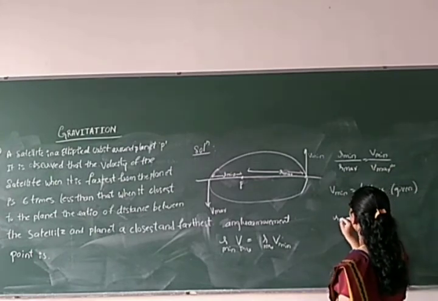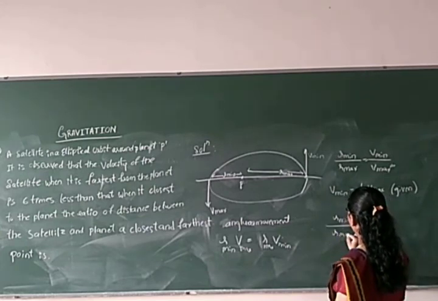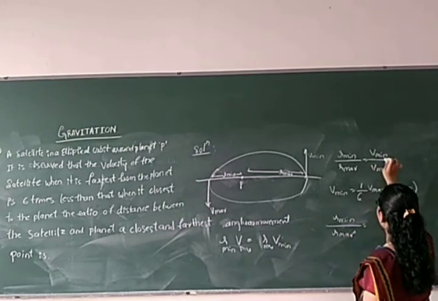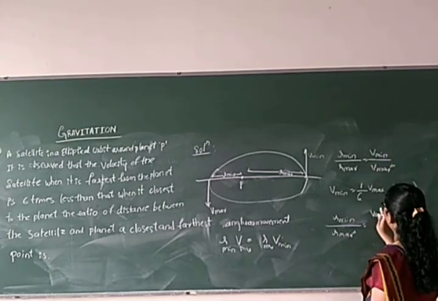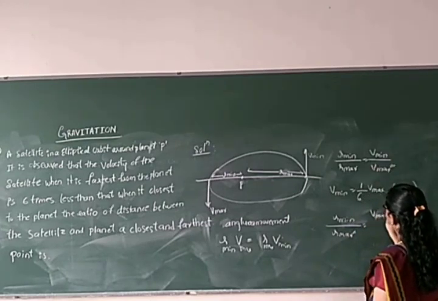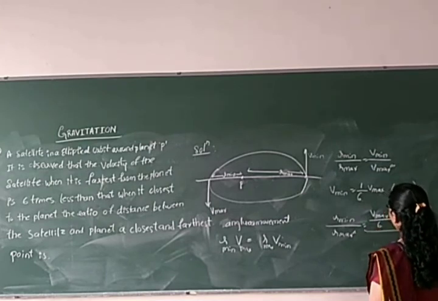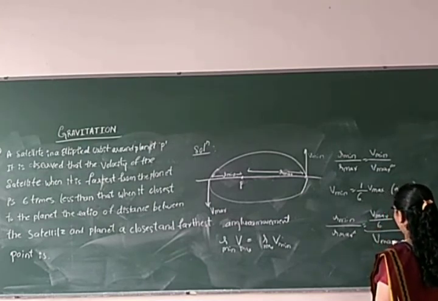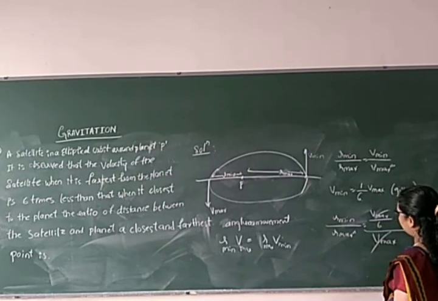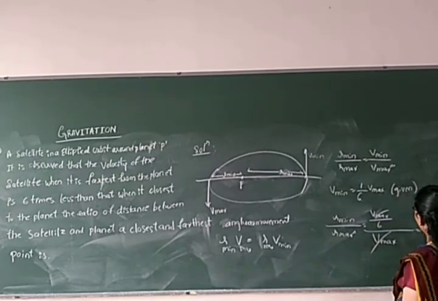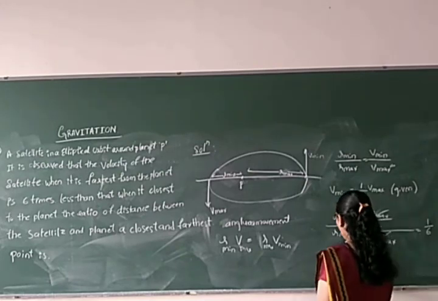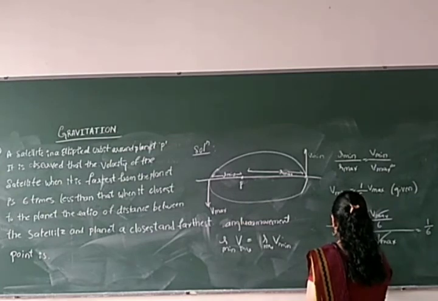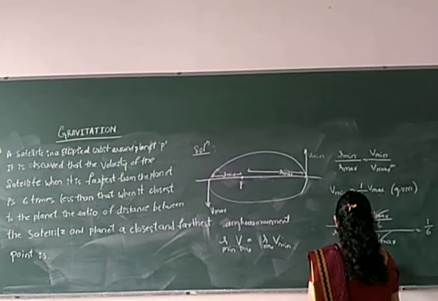Then r minimum divided by r maximum is equal to v maximum divided by 6, divided by v maximum. So v maximum gets cancelled, and we are left with 1 by 6. The ratio of the minimum radius to the maximum radius is equal to 1 by 6 here.